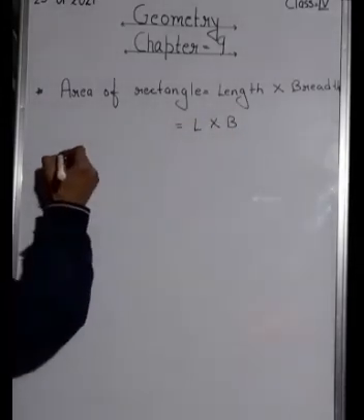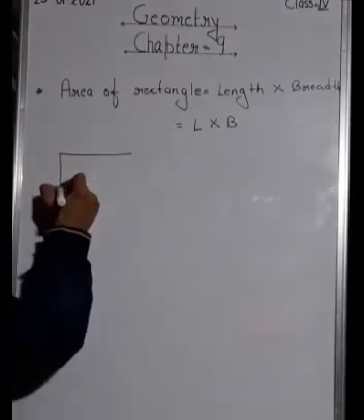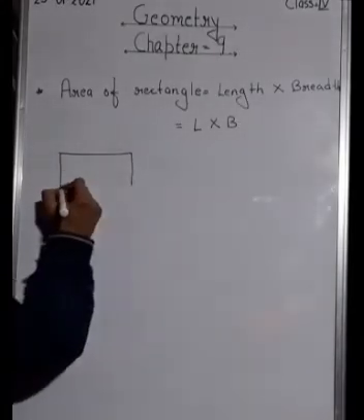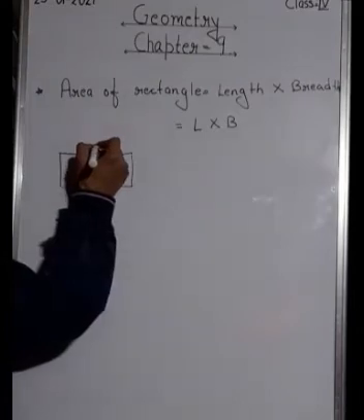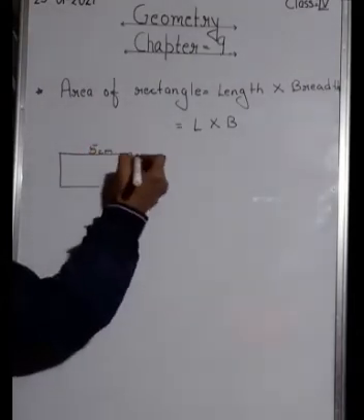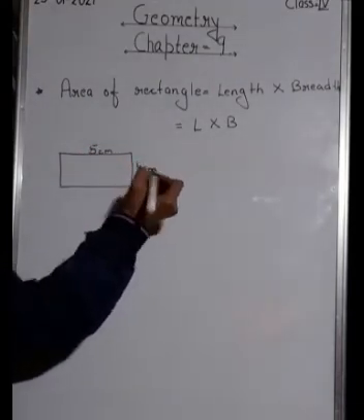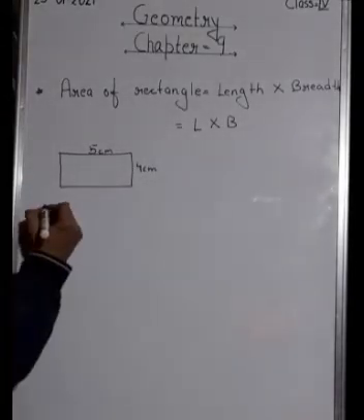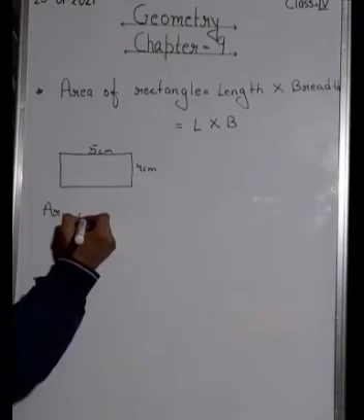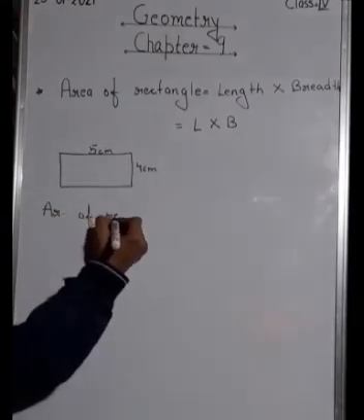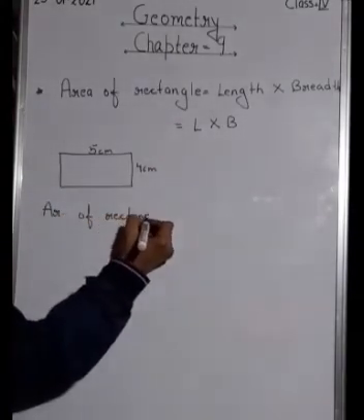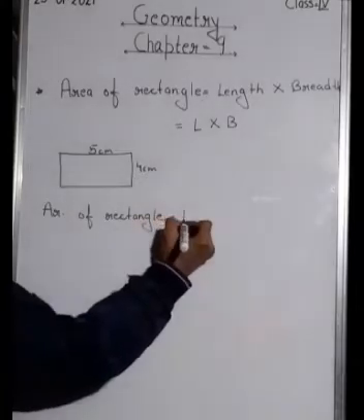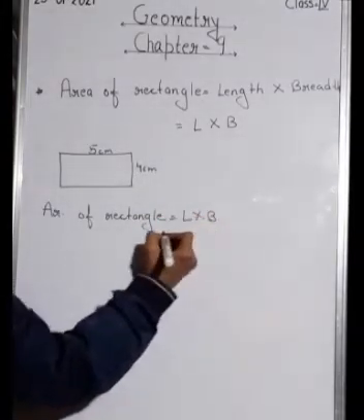So if they have given you a rectangle like this, its length is 5 centimeter and breadth is 4 centimeter, and I told you to find its area. So its area will be: area of rectangle is equal to L into B. It means length into breadth.